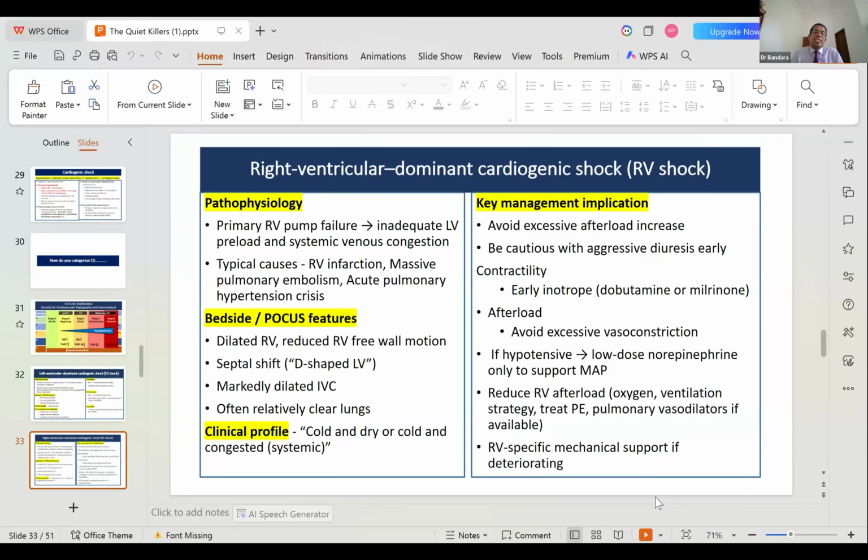At the bedside, you can see a dilated right ventricle, reduced right ventricular free wall motion, and septal shift, especially in a patient with PE. The clinical profile is cold and dry, or sometimes cold and congested. The main management principles are to avoid excessive afterload and be cautious of giving diuretics. You need to start early inotropes and avoid vasoconstrictors.